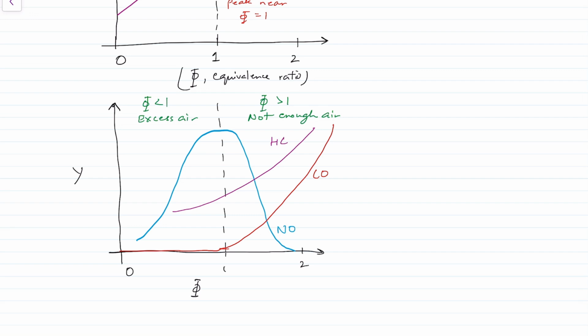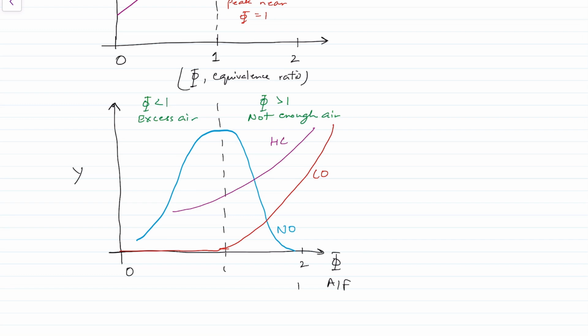On the x-axis we have phi, but if we have the air to fuel ratio, that would look a bit different.